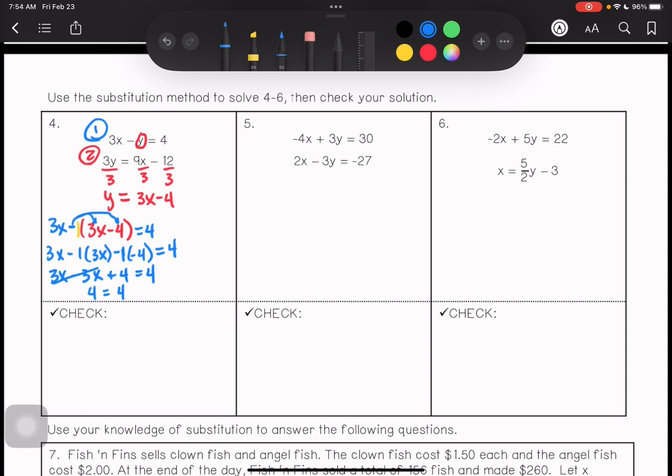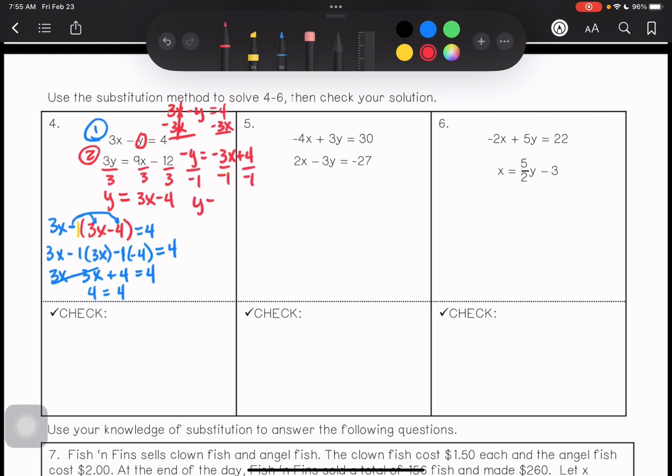Okay. I know that this will be infinitely many solutions because if I change equation 1 into slope-intercept form, I'm going to write it here, 3x minus y equals 4. If I subtract 3x from both sides, that leaves me with negative y equals negative 3x plus 4, dividing everything by negative 1.